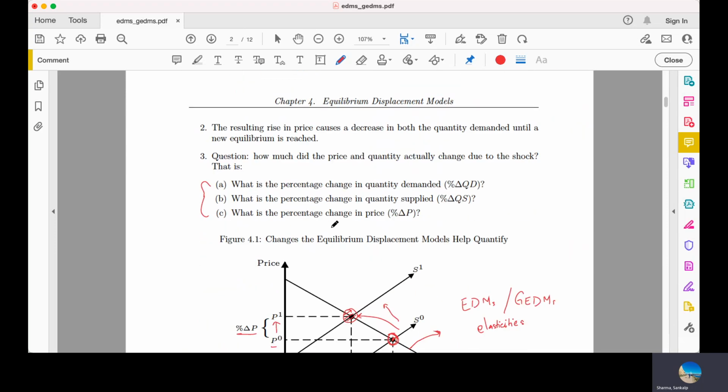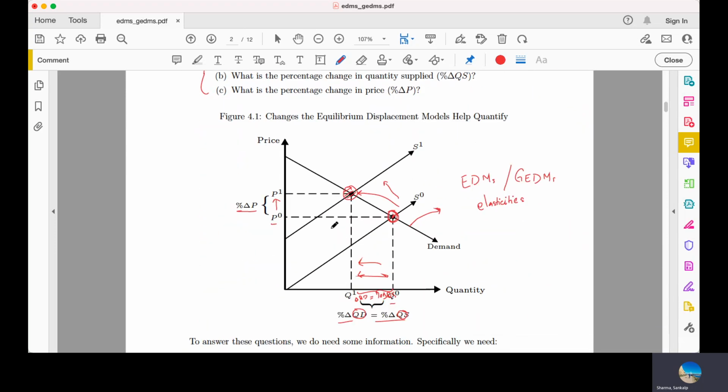So we looked at a model such as this right here. We're just trying to understand that, let's say for some reason, supply decreases from S naught to S1. This was the equilibrium point originally, and now we are moving to this point here. What essentially is the change in the price because of it?